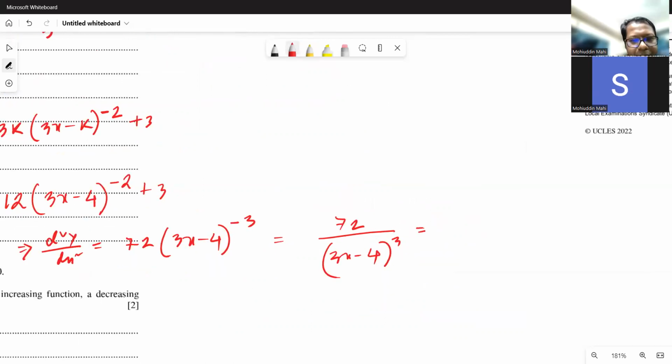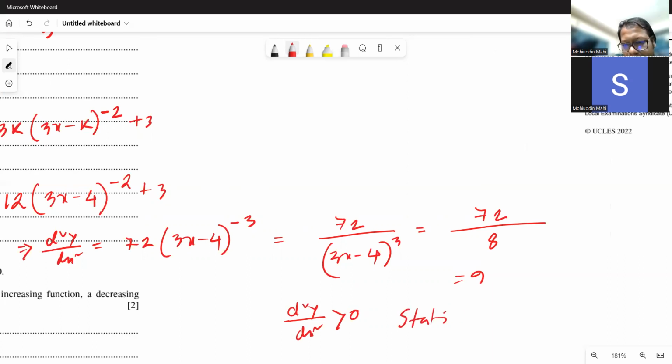In this question, we have found the value of x as 2, so let's put it here. So it's going to be 9. As d square y by dx square is greater than 0, that means the stationary value is a minimum point. Stationary value is a minimum.